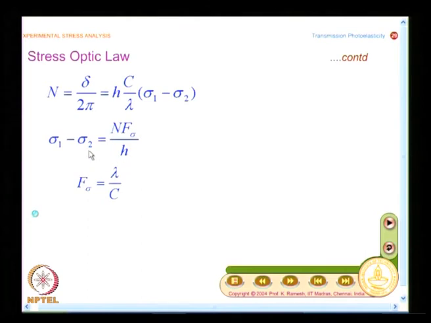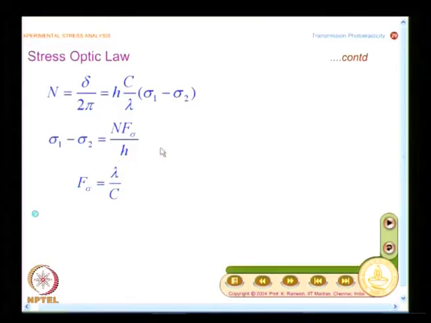Suppose I apply loads which are very close to the plastic region and I have a very high stress gradient, this relationship is no longer linear, and you have to use it with caution. Sometimes you look at an expression, whether the expression tells you or not, you assume many things. So, one of the first wrong assumptions that is possible is that it is independent of lambda, which is a wrong conclusion you can arrive at.